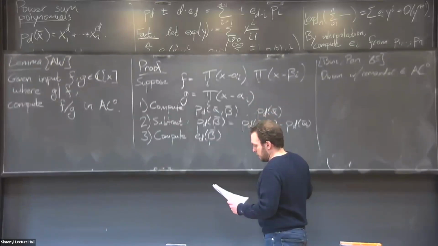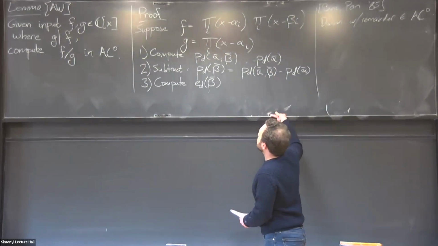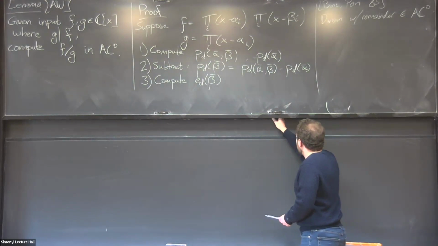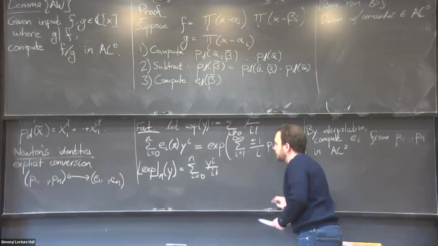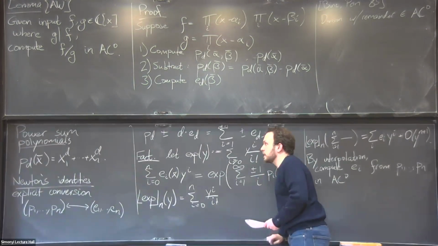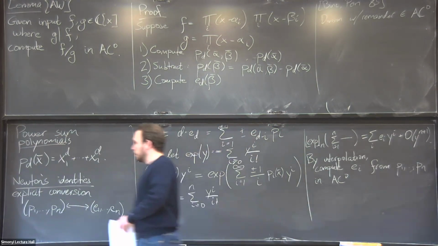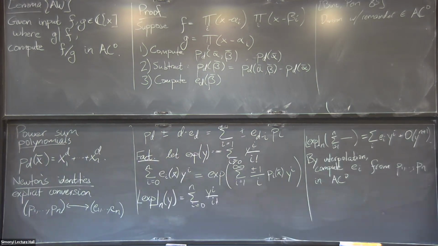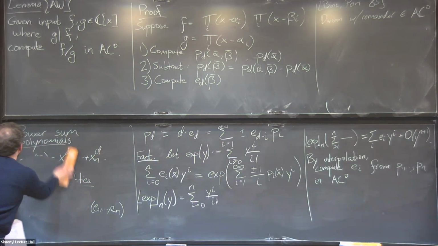So now we've done all this work to talk about these symmetric polynomials and these conversions. Now we can really start talking about some fun algorithms. So now we're going to make progress towards the GCD.